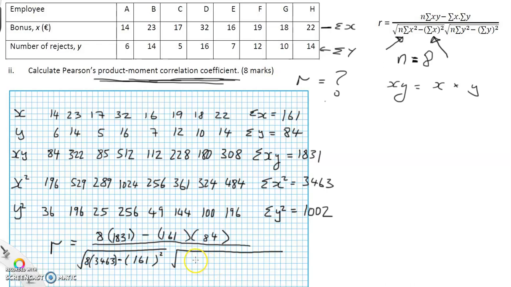Similar pattern over here, except we're dealing with y on this side. N is still 8. And the summation of the y squareds is 1902. Sorry about the bad writing there. 1902 minus the summation of the y values to be squared, right? What's the summation of the y values? 84.